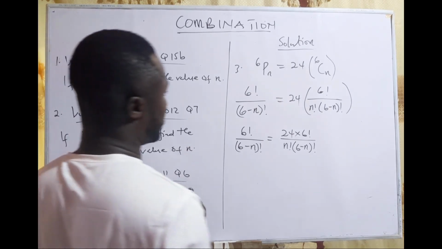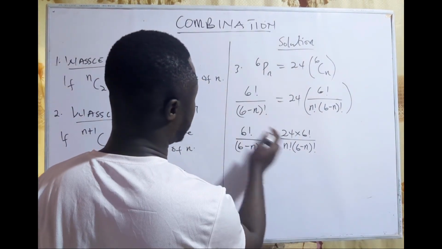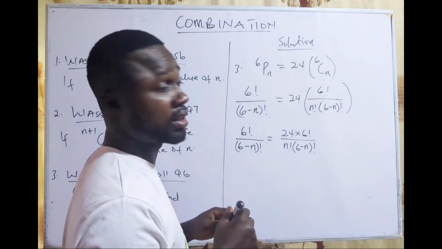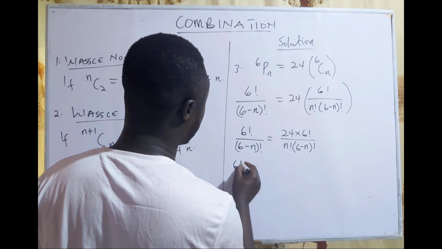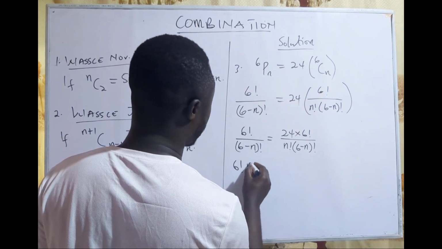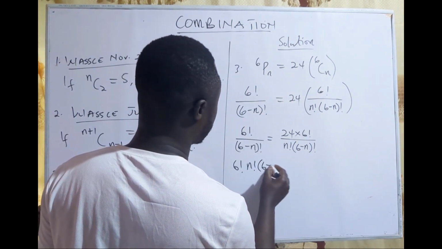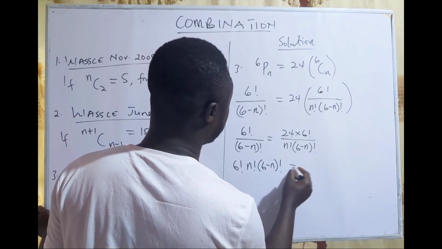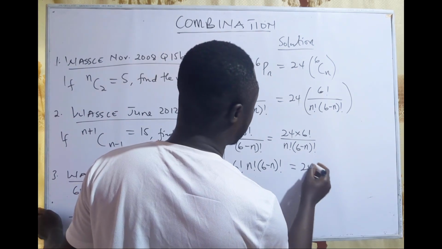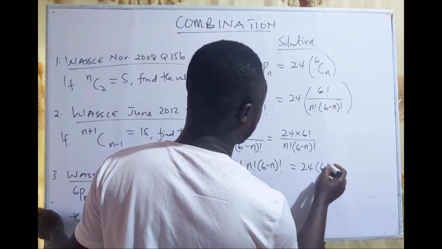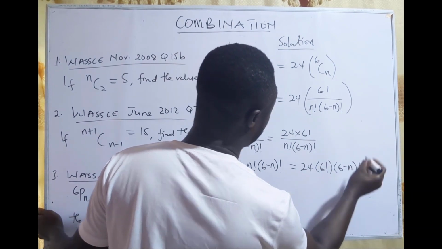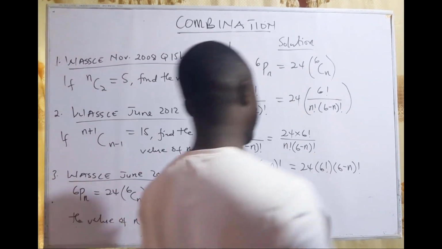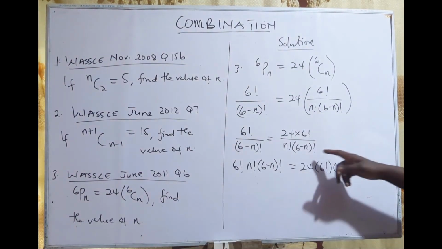Alright, let's cross and multiply. If you cross and multiply, see if you can get a common factor and cancel them. If you cross them, we are going to get 6 factorial multiply n factorial multiplying 6 minus n all factorial equal to 24 multiplying 6 factorial multiplying what? 6 minus n all factorial. So if you cross and multiply, that's what we are going to get.